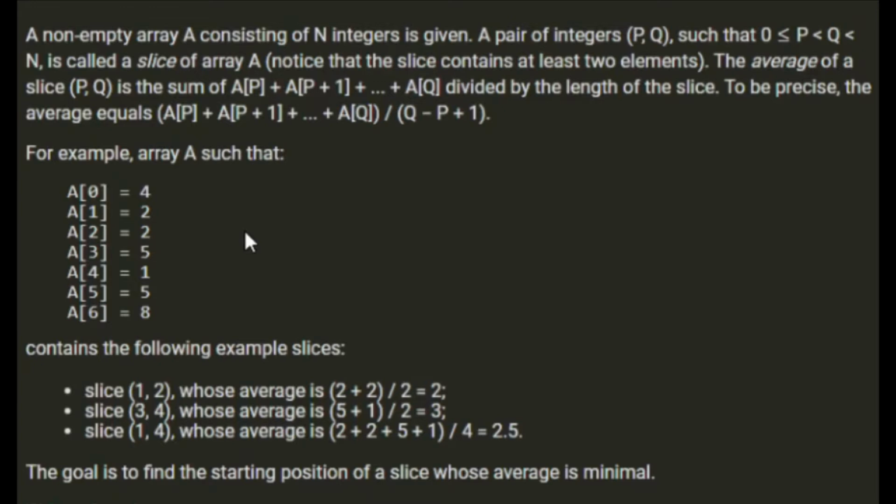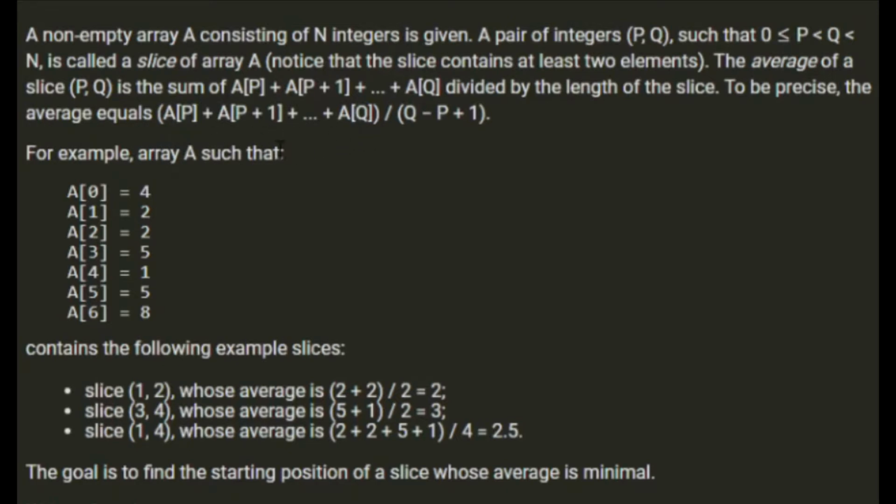The average of a slice PQ is the sum of A[P] plus A[P+1] all the way up to A[Q], divided by the length of the slice. To be precise, the sum of the elements in the array between P and Q divided by Q minus P plus 1. So it's the average of the values between P and Q.